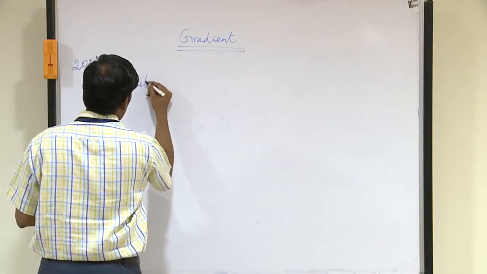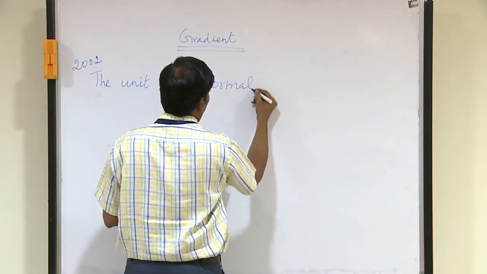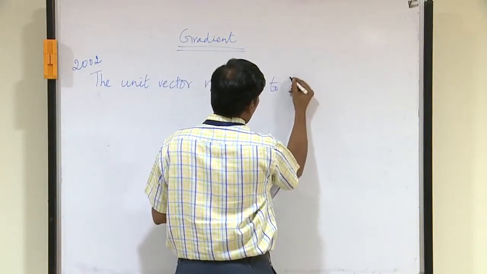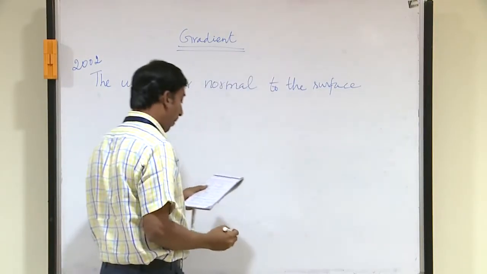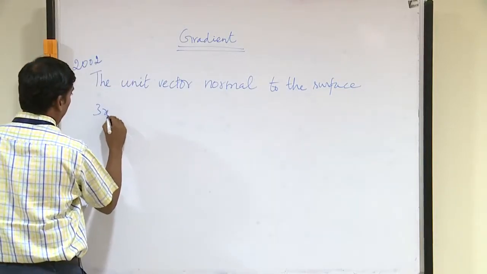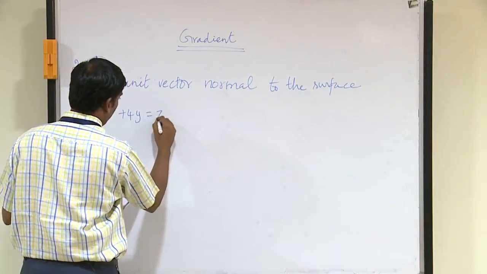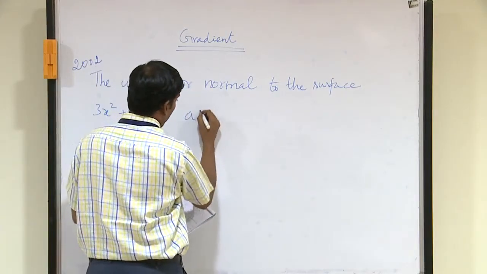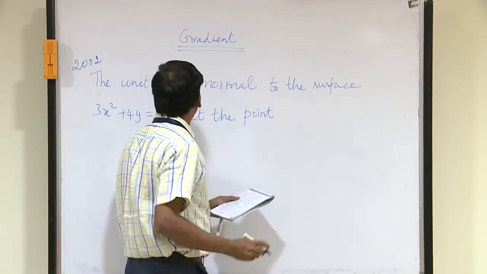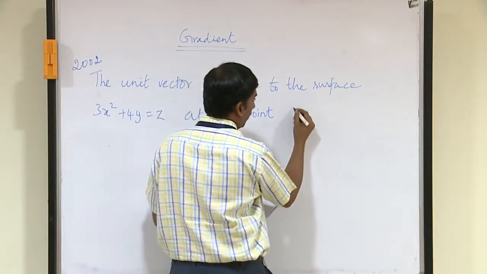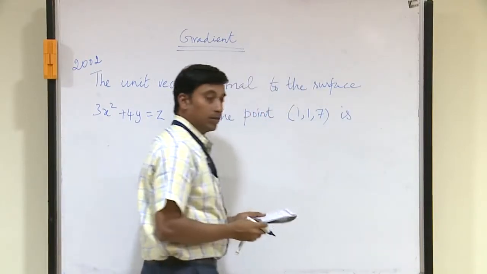The unit vector normal to the surface 3x square plus 4y equal to z at the point (1, 1, 7) is.